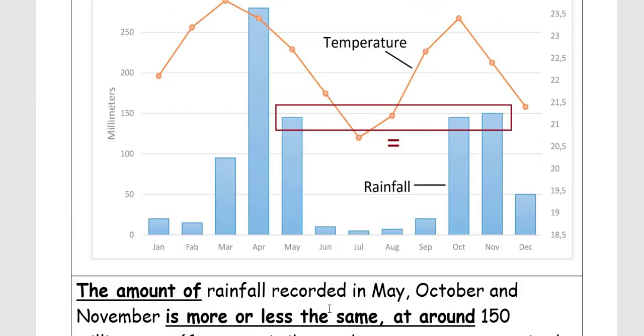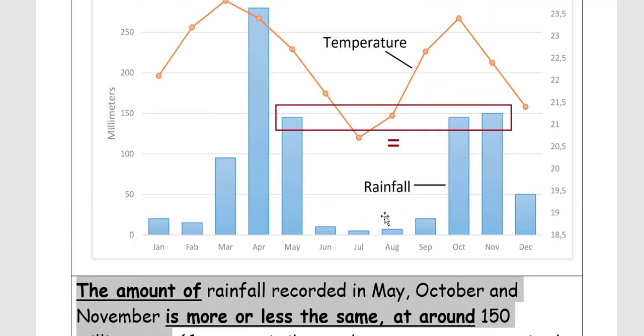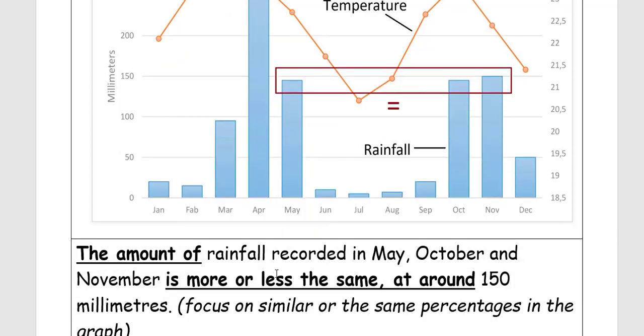The amount of rainfall recorded in May, October, and November is more or less the same at around 150 millimeters. Now we'll need to look at 3 months, so May, October, and November, okay, and we can see that the percentages were almost the same, they were similar, and that's why you can use the expression more or less the same, and then show the level at around 150 millimeters.